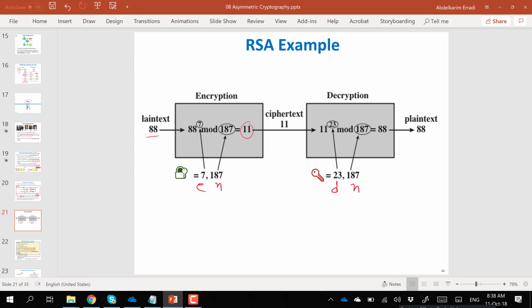I send the ciphertext over. How will the recipient decrypt? Take the ciphertext and raise it to D mod N. Remember, N is the same on both sides, and it gives you back the plain text. That's it. Very simple.